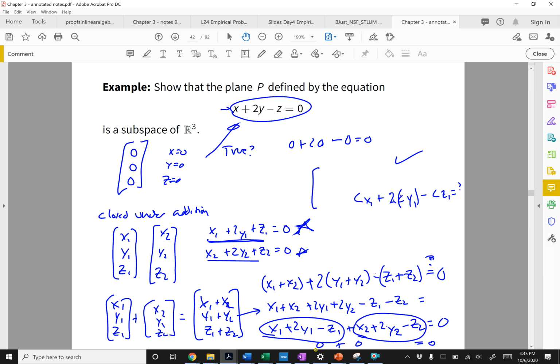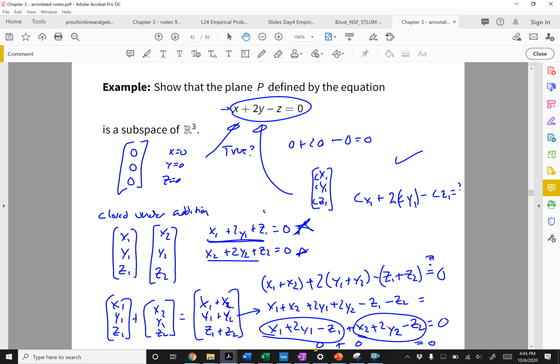So I'm thinking of just an arbitrary point that's on this plane. Just call it x1, y1, z1 and take a constant multiple of it, but that's the same as just taking c times each of the entries.